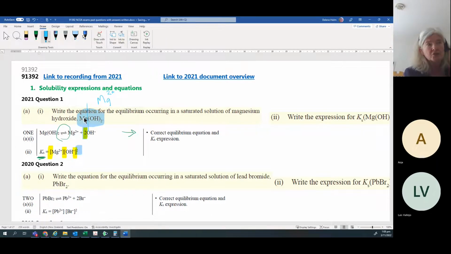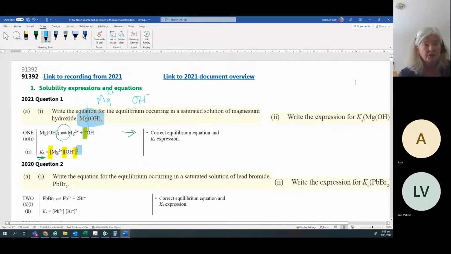And if Mg is 2 plus and I've got 2 OHs, then it means that each OH must be OH1 minus, because I need 2 of them to balance the positive 2. So even if your formula writing isn't that great, you should be able to write the equation and the expression just by applying a little bit of logic and using the given periodic table.